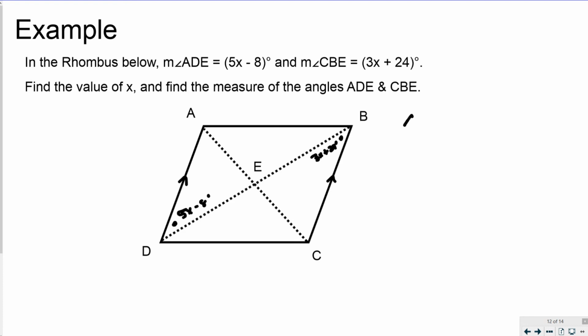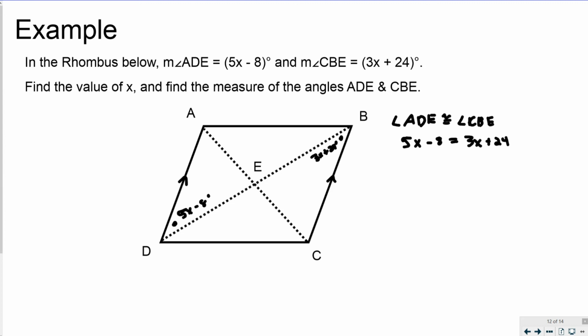So I know that angle ADE is congruent to angle CBE. And now that I know they're congruent, I can write their expressions as one resulting equation: 5x minus 8 equals 3x plus 24.